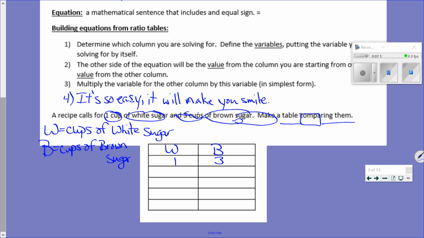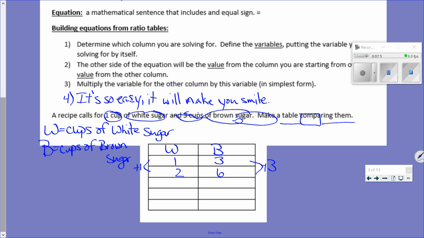Good. Okay, my next entry then will be 2 and 6. How did you get that? You did what? Added, so you added 1 and then added 3 on this side, right?